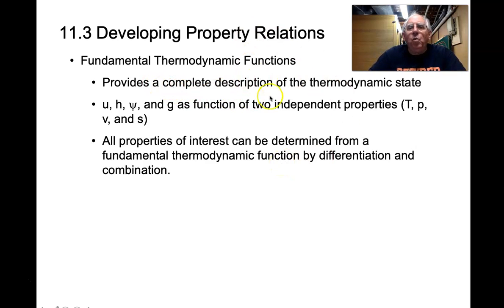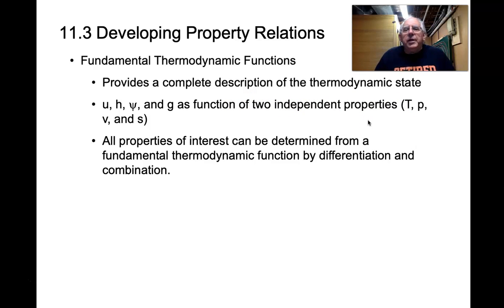And so what we now have, by doing what we just did, is a complete description of the thermodynamic state of a pure substance. We saw that these other thermodynamic properties of internal energy and enthalpy, plus the two that I just introduced, are a function of two independent properties.